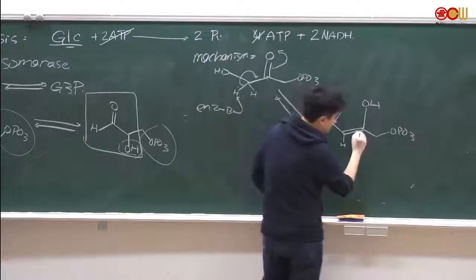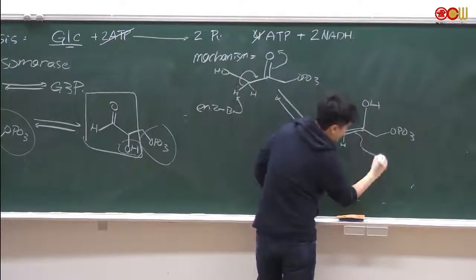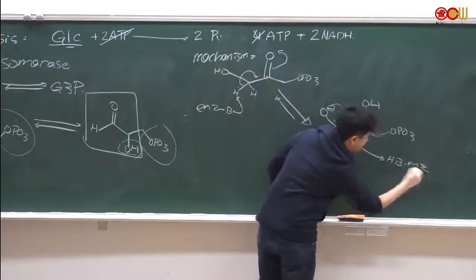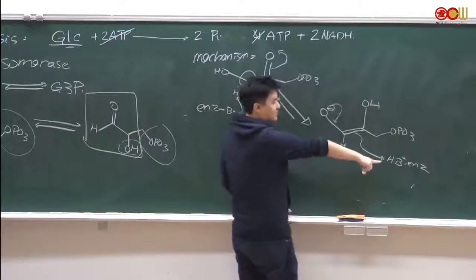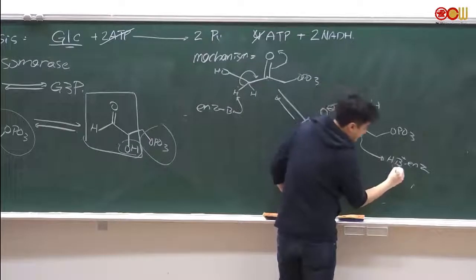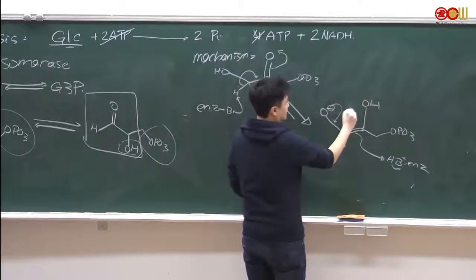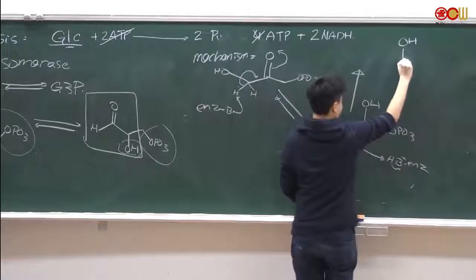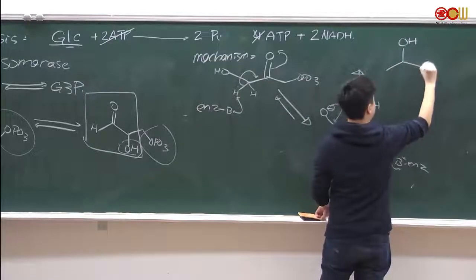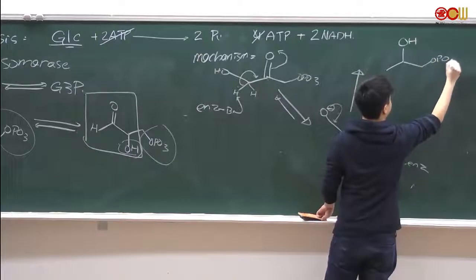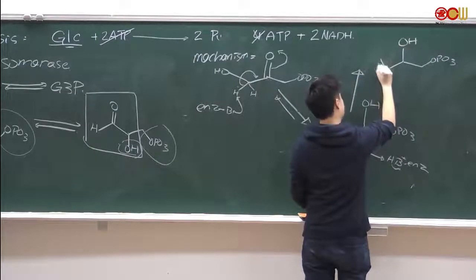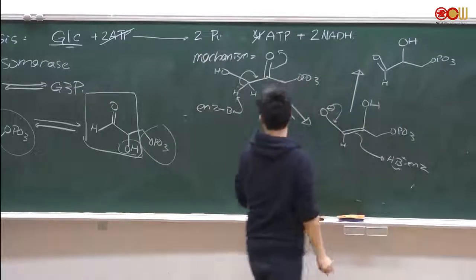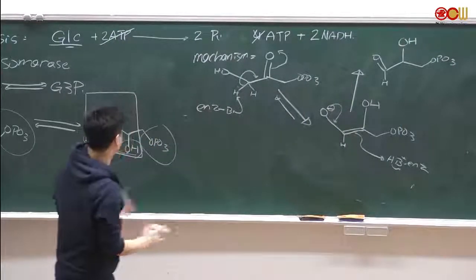So the 2 electrons here are going to grab the proton that was on the enzyme, and like that. So then at the end, what you'll get is this. Does that look right? I think so, just a little awkward.